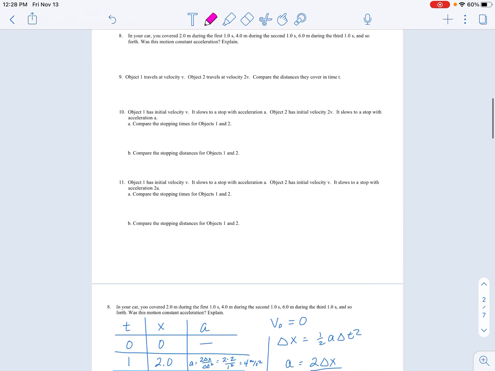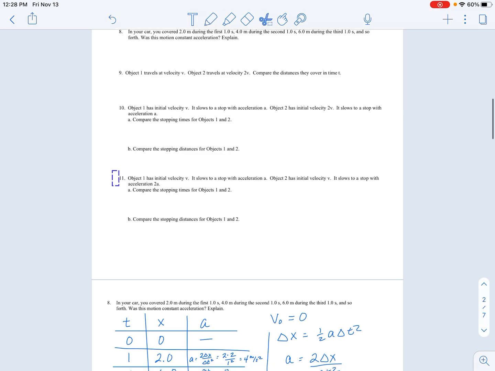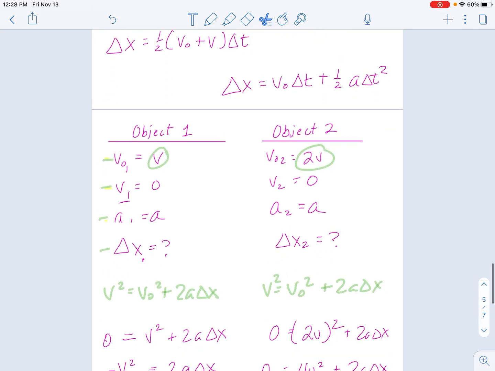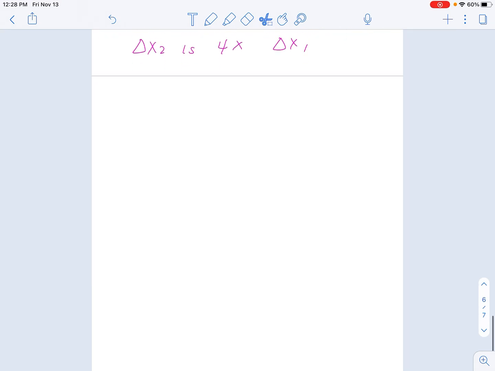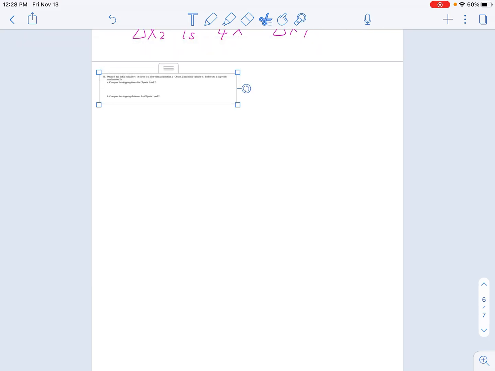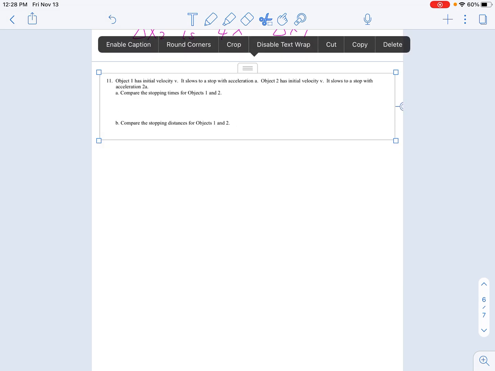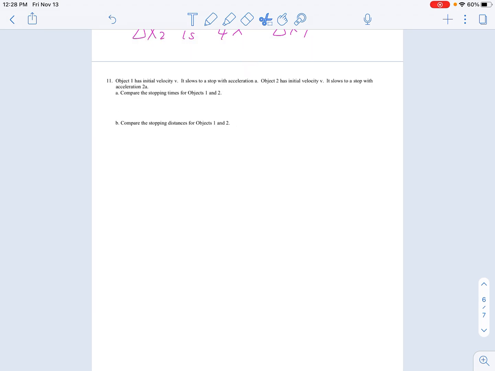Okay, let's do one more together. Let's look at number 11. Okay, object 1 has initial velocity v, so I'm going to start right in this time. Object 1 has initial velocity v.